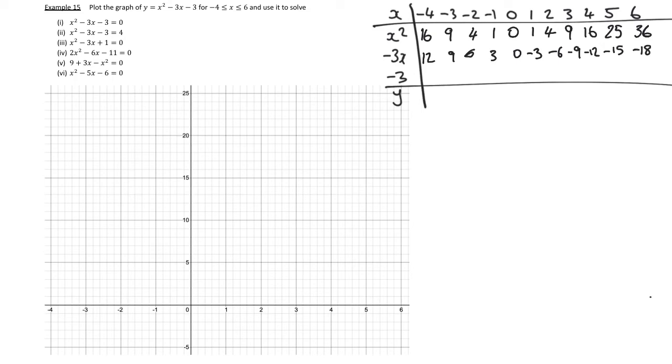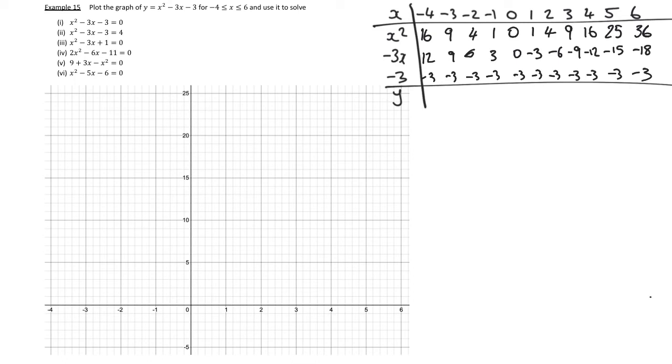And the last one is minus 3, and that's going to be minus 3 right across the board. Because it's not dependent on x, it's just a minus 3. So regardless of the value of x, the value is always minus 3.